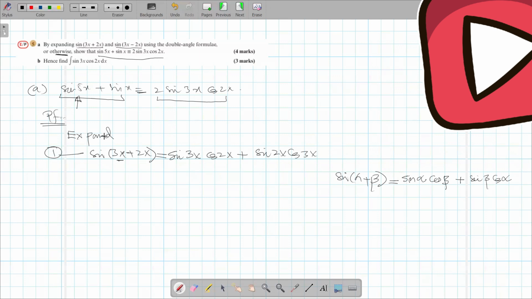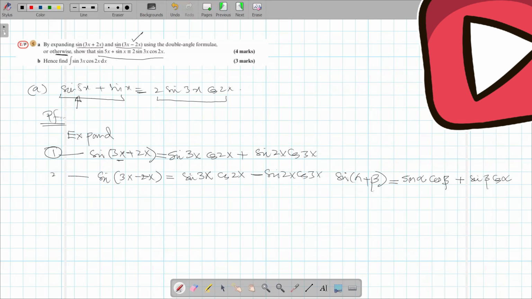Let's say this is equation 1. Let's expand the second expression, sine 3x minus 2x. Again we will use the sine alpha minus beta formula: sine alpha cos beta minus sine beta cos alpha.